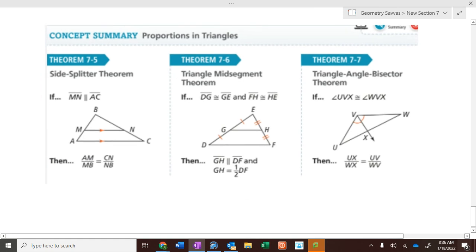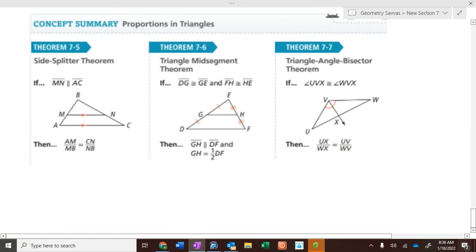Okay? So today is all about proportions. Side splitter theorem: this over this equals this over this, or this over this equals this over this. Triangle midsegment theorem: this over this equals this over this, or this over this equals this over this.